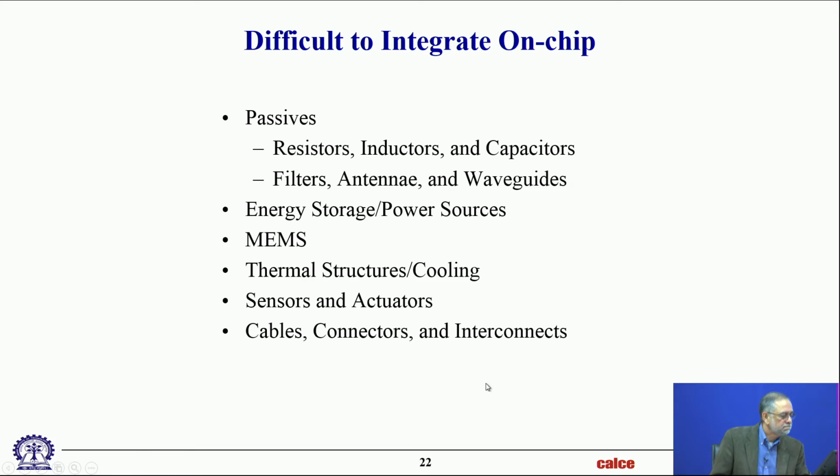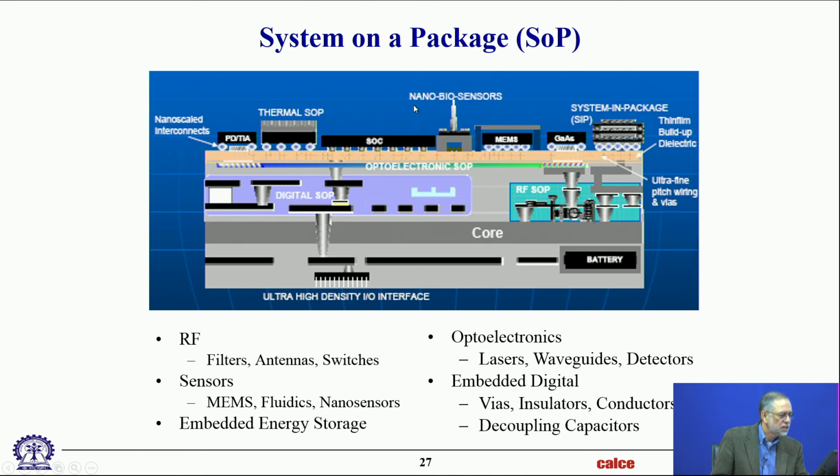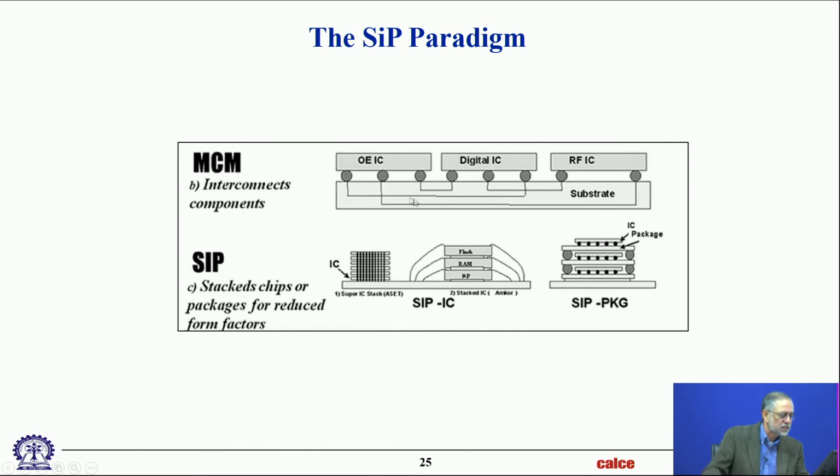Okay, let's move on. I'm going to skip over these two because I'll be talking later on about the difference. These two charts really talk about the difference between SIP and SOP. That means system in package versus system on a package. So here the substrate itself is a very complex conglomeration of packages, whereas here the substrate is relatively simple.